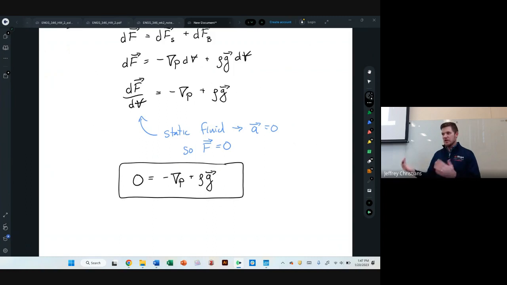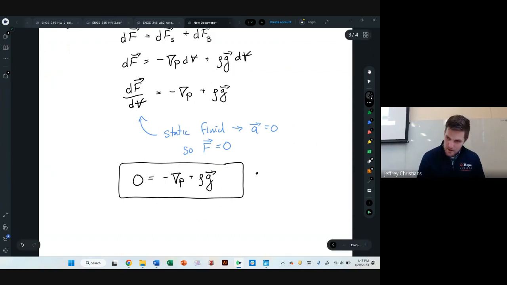So all pressure changes are due to gravity. It's kind of an overly simple equation, given how much work we had to go through to derive it. How does pressure change in the fluid? Well, it's the gravity that's pulling on the fluid, and those two things are directly related. We'll see a little bit next week how to actually use this.